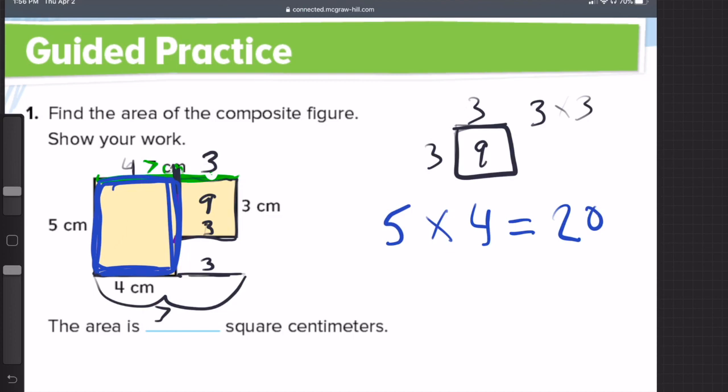So now I have found that this right here is 20 square centimeters and this small square is 9 square centimeters. So to find the area of the composite shape, both of them together, I just have to do 20 plus 9, which equals, of course, 29. So the area of this shape is 29 square centimeters.